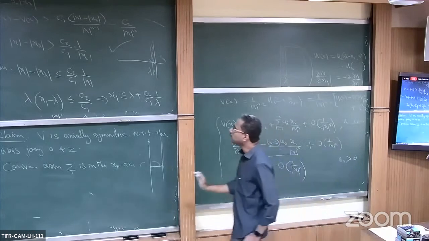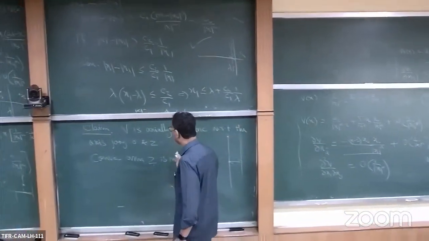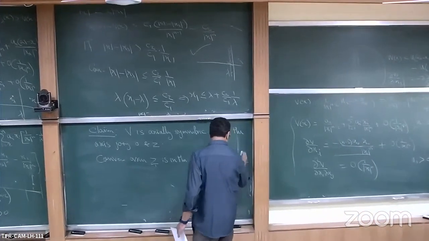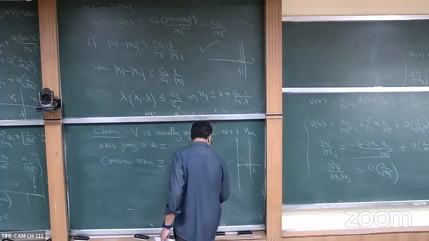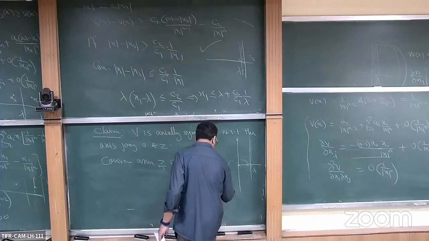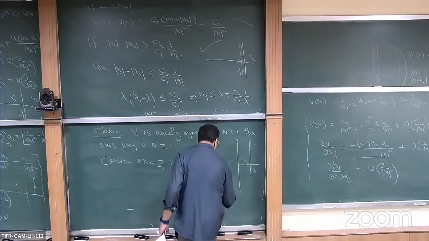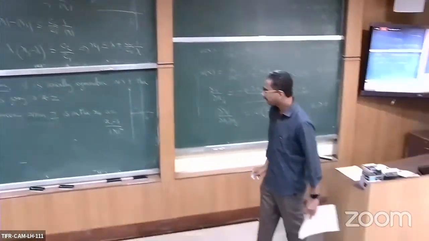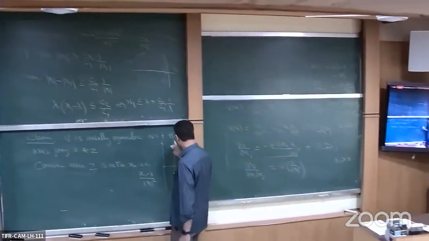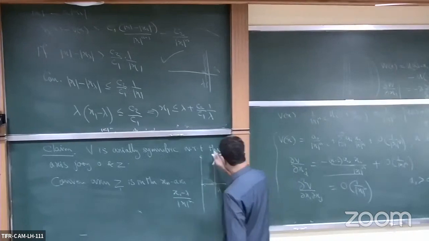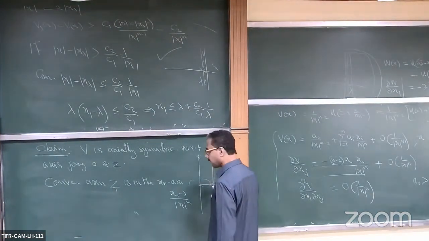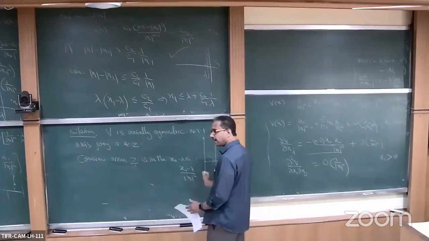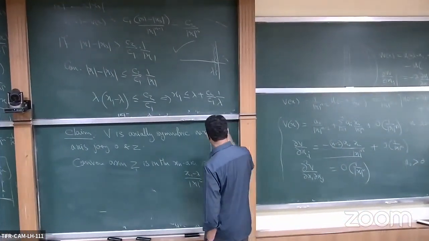And also you can do some comparison with some other functions. For example, if you are at lambda here, you can hook up a harmonic function here: x1 minus lambda by mod x to the power. It is going to be harmonic. And this is also going to be 0. You remember when I reflected the optimal position, it was going to be 0 here. This is also going to be 0 here. Then you can use the Hopf lemma and everything, and you can even get some precise estimate for the gradient.